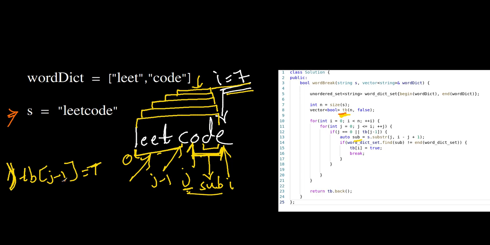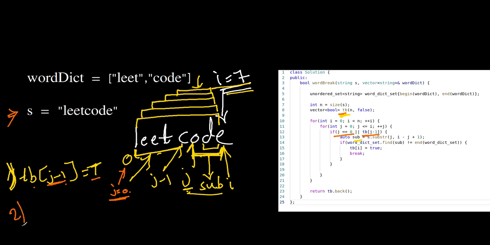Or of course, if j minus 1 is less than 0, for example if we start with j equals 0, in this case j minus 1 is less than 0, it's also a valid case. So this is the first condition: either tb of j minus 1 equal true or j equal 0.